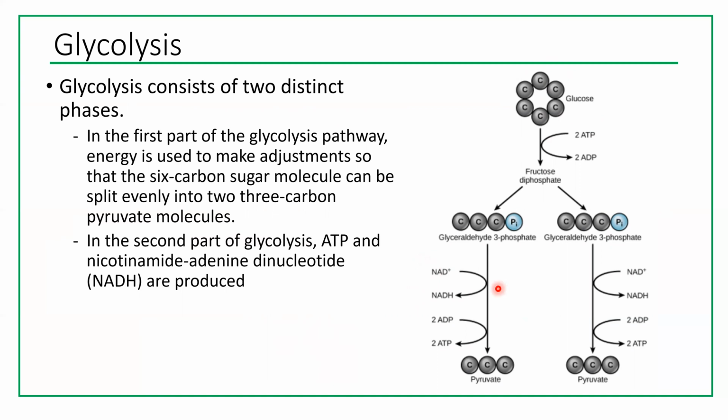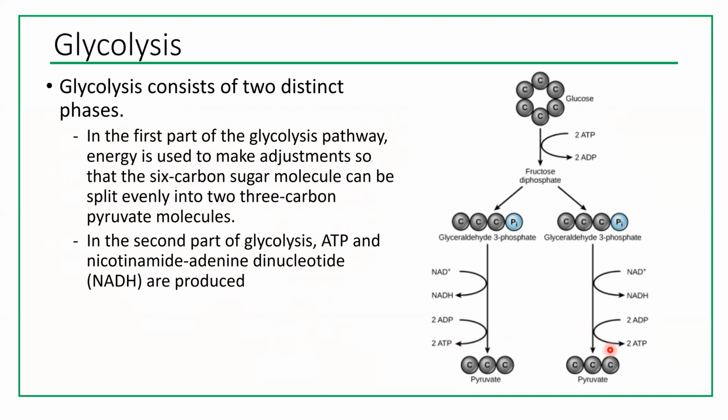In the second part of glycolysis, 2 pyruvates are made. So 1, 2, 3 carbon, right? And look, 2 ADPs are made, and here 2 ADPs are made. So in total, we have 4 ATP molecules, but because we invested 2, our net gain is only 2.